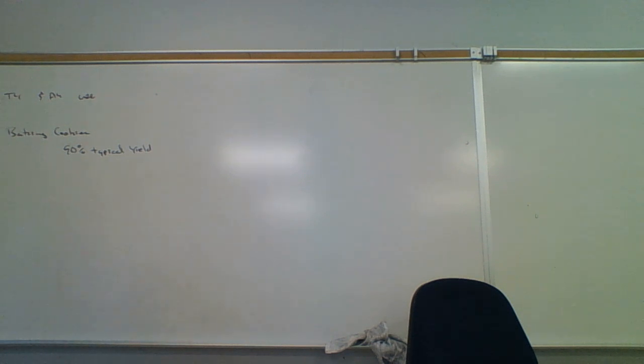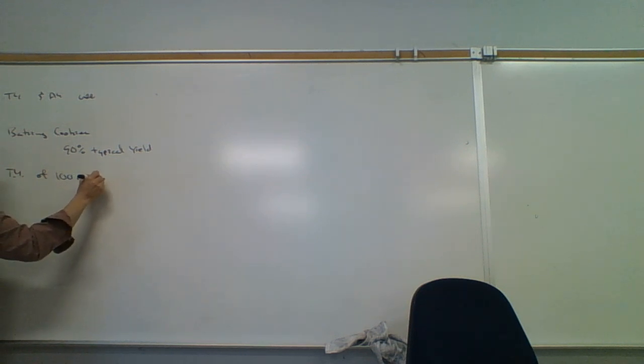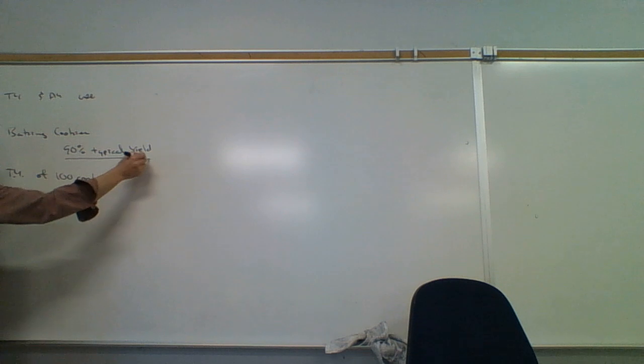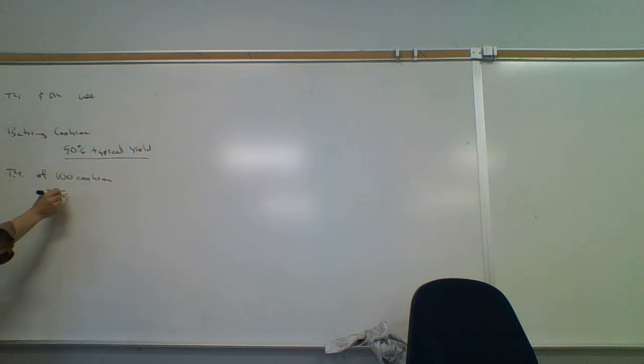Let's say you're going to bake 100 cookies. So you're going to have a theoretical yield, TY, of 100 cookies. But your actual yield is going to be what? If you have a 90% typical yield, then your actual yield is only going to be 90 cookies.